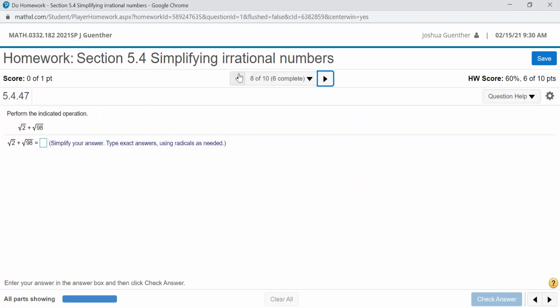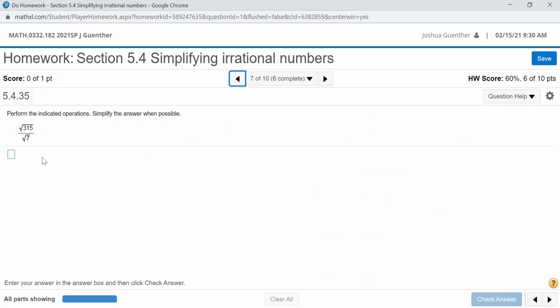Let's see if there's a more interesting version of that. No. This guy, square root of 315 over square root of 7. Well, it'd probably help if we could simplify the square root of 315. Now 315, you can divide a 5 out of it.